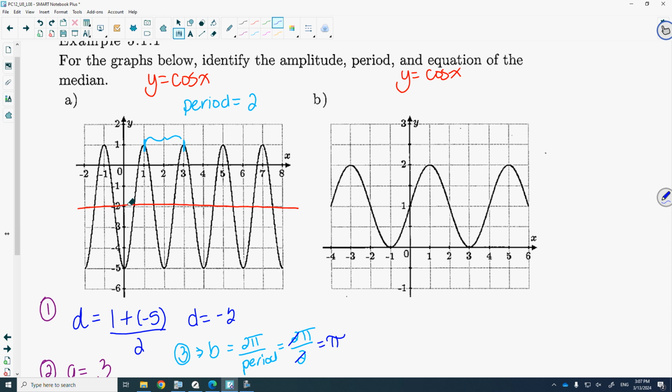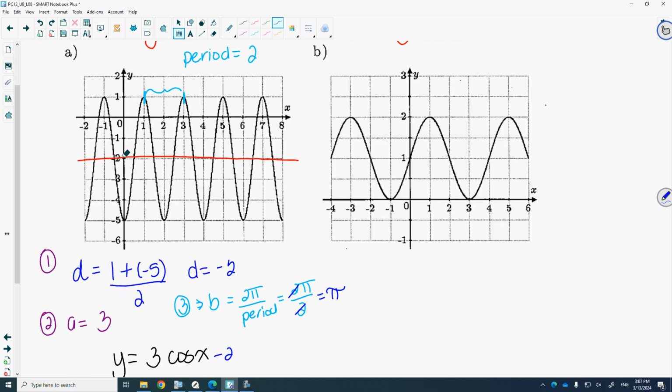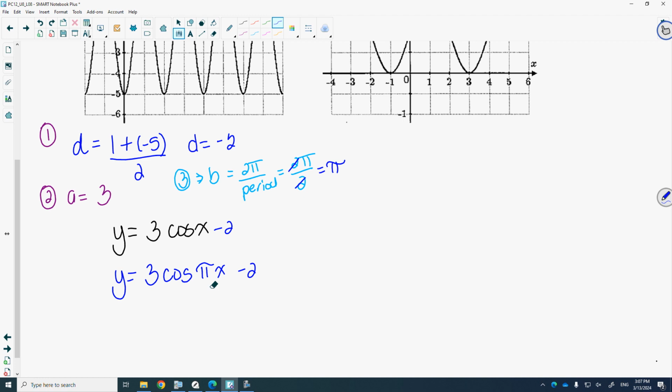So if it was a sine graph, I would be going to here. That would be my phase shift. But it's a cos graph. So from my y-axis, I'm going to do my minimum count to my nearest peak. Now in this one, I could go right 1 box or I could go left 1 box. So my phase shift for this example is going to be plus or minus 1.